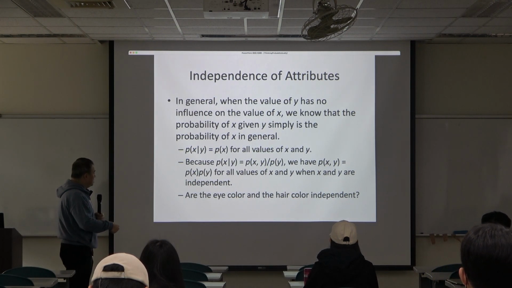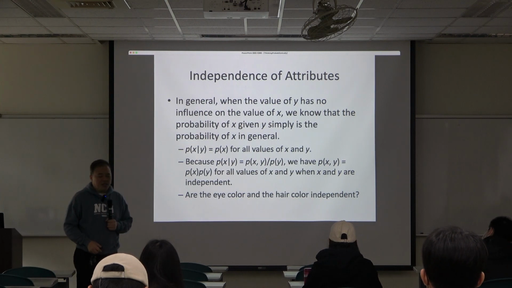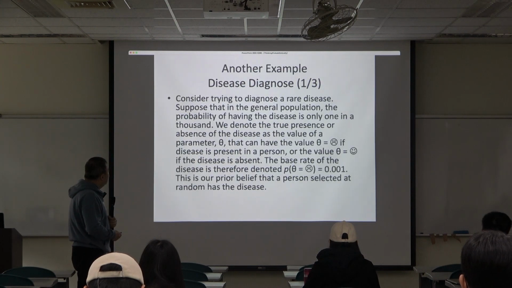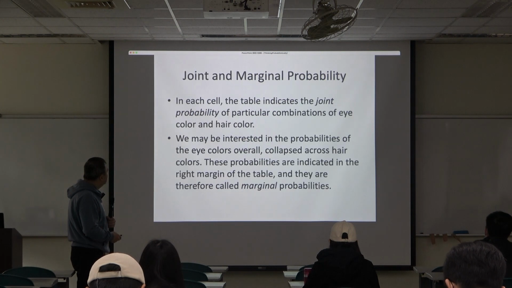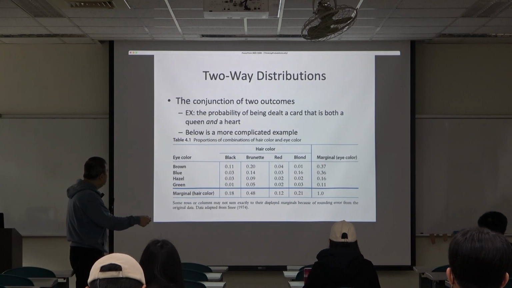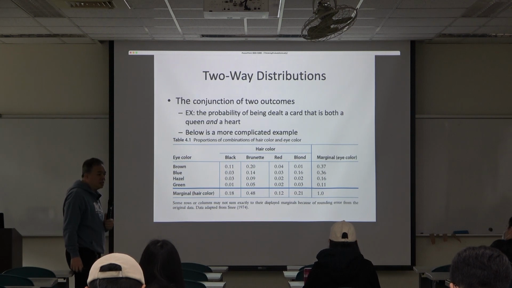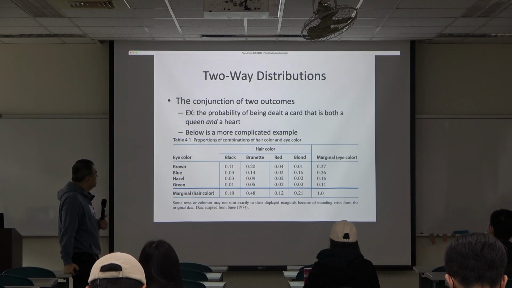So one interesting question: are the eye color and the hair color independent? Remember the case we talked about, where is it? Here, this one. Are the eye color and the hair color independent?